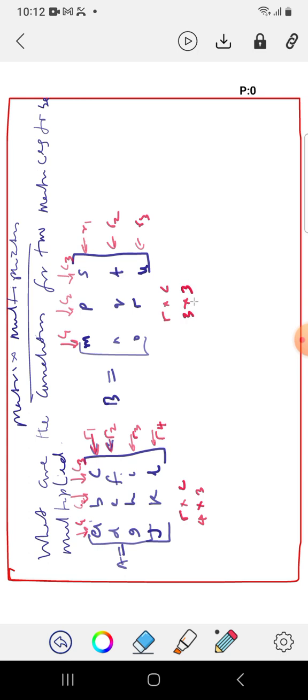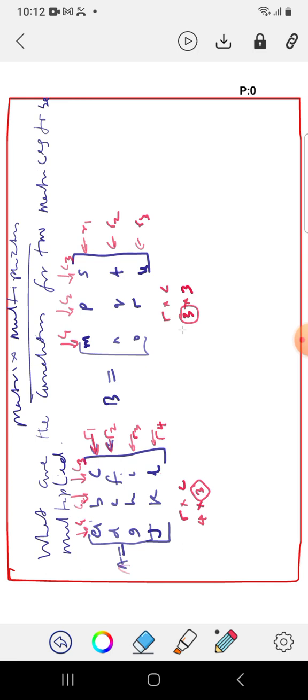Now, the main condition for multiplying two matrices is that for A times B, the number of columns of the first matrix A, which in this case is 3, must be equal to the number of rows of the second matrix that you are multiplying with. If they give you two matrices that are not like that, then you can't multiply them.